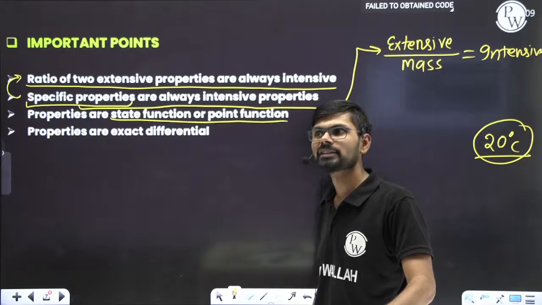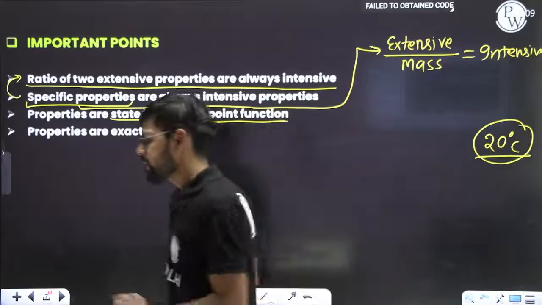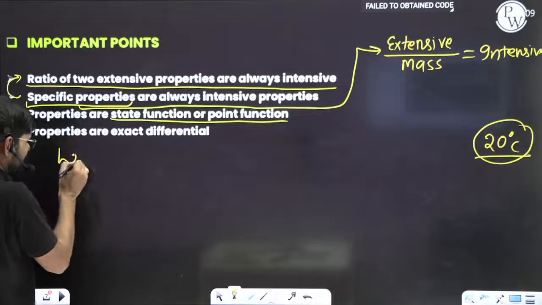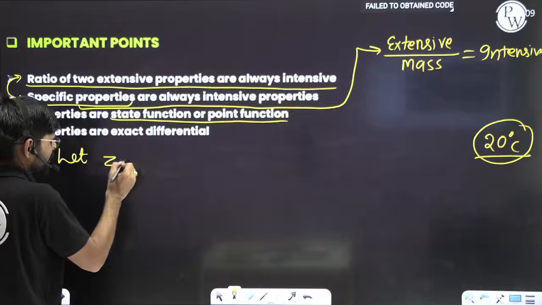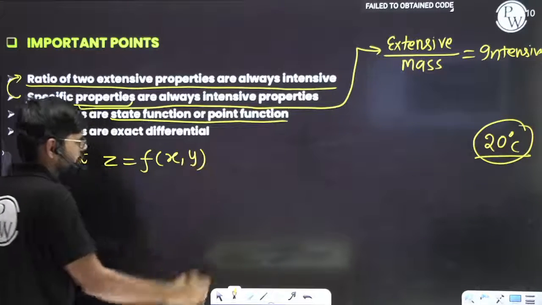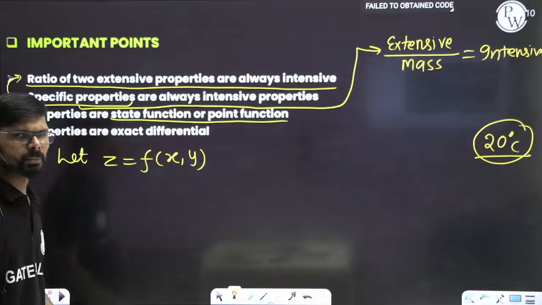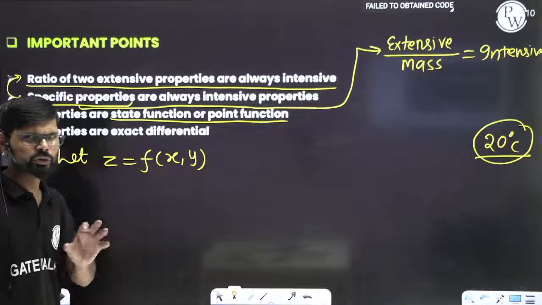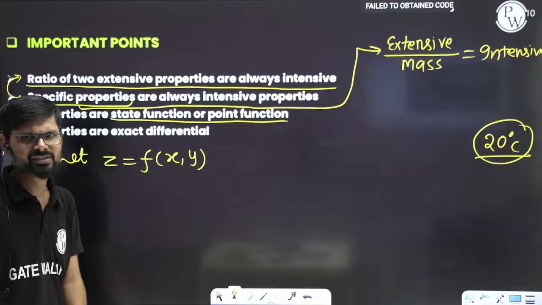Sir, what is the condition for an exact differential? Let any function z be a function of x and y. I know that you know a little bit of calculus.